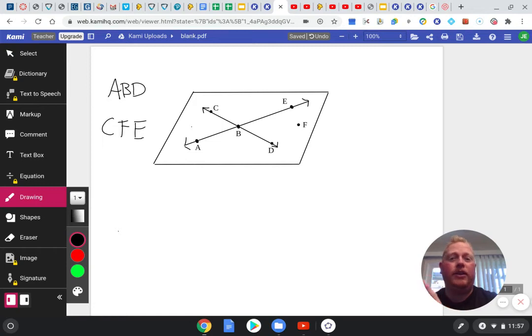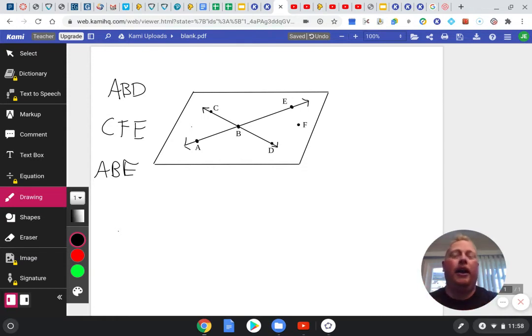However, there's something that you need to know. I cannot call it plane ABE. The reason I can't call it plane ABE is because A and B and E, they're all on the same line. So if you have 3 points that are on the same line, you could take that plane that's in there and you could spin it around that line and it would be different planes.